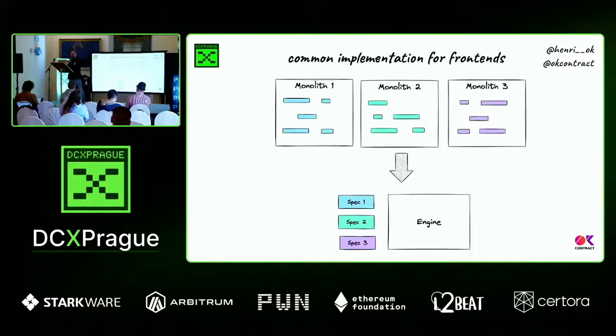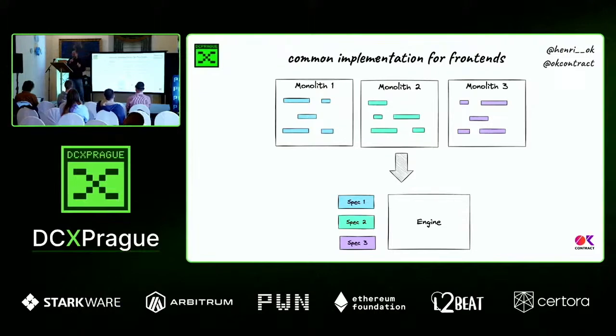We thought at OKcontract about one solution that involves building a common implementation for front ends. Right now, project A has its built artifact monolith, and projects B, 2 and 3 as well. The bits of semantics are highlighted in color. They are here among a lot of boilerplate or generic code.